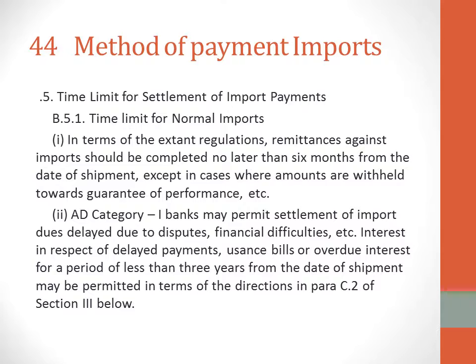AD Category 1 banks may permit settlement of import dues delayed due to disputes, financial difficulties, interest in respect of delayed payment, usance bills or overdue interest for a period of less than 3 years from the date of shipment may be permitted in terms of direction in para C2 of the section 3 below.